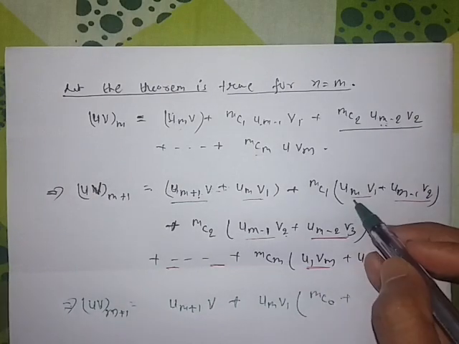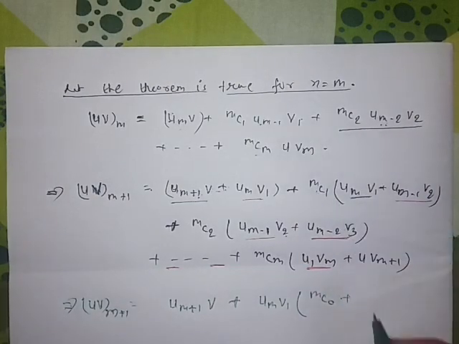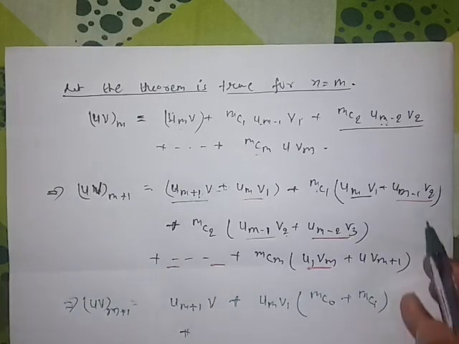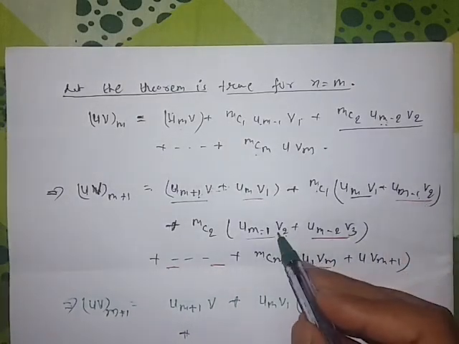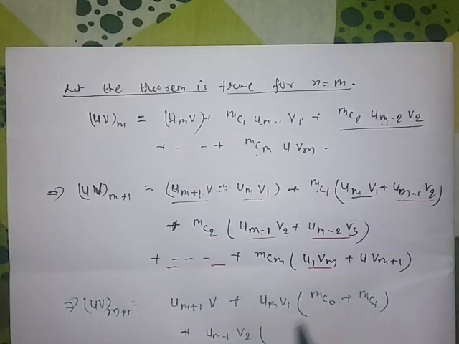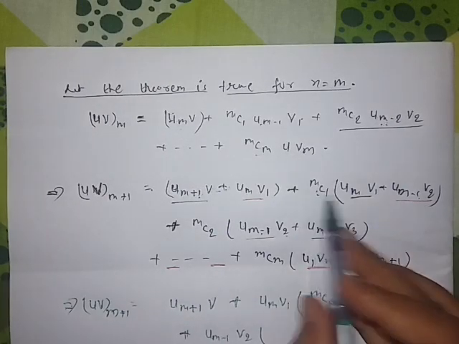And what is the coefficient of this term? It is mc1. Plus we take this term as common, um minus 1 v2, then what is the coefficient of this term?